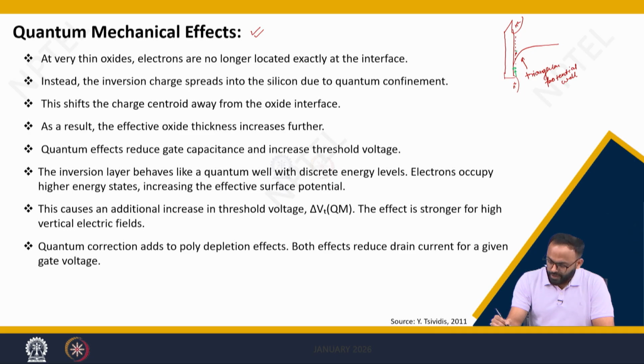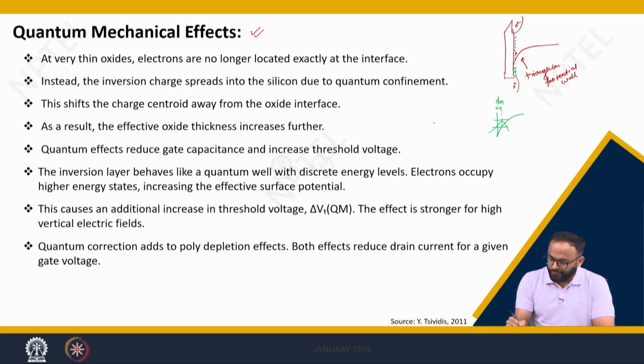However, when the electron is confined in a triangular potential well, this is not correct, because the electron wave function, when confined, shows that the maxima is somewhat away from the surface. Let us consider this distance is dm.